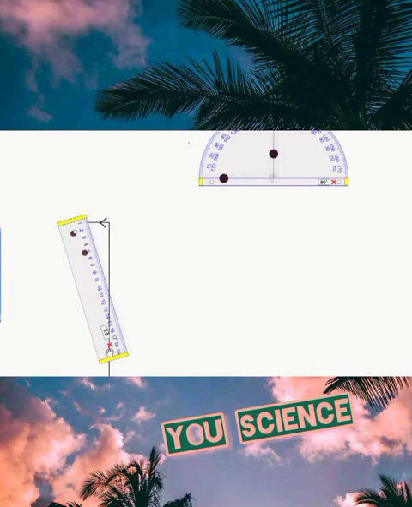So what I'm going to do is to get 15 centimeters from this. So I can still adjust this to get 15 centimeters from this. So this is 15 centimeters.